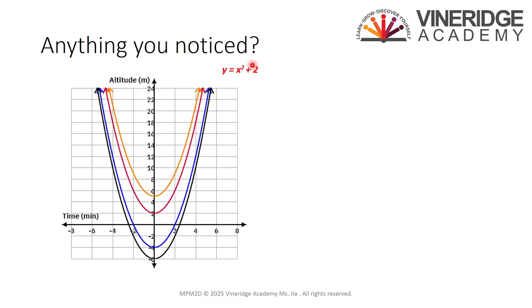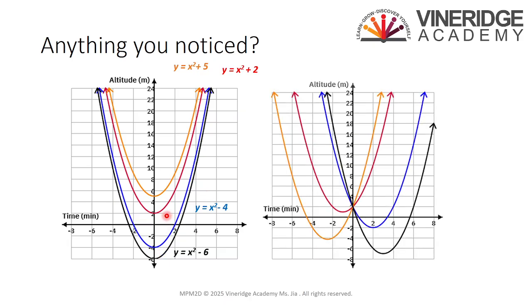So what if we have a b value other than 0? For example, plus 2, negative 2, plus 5, negative 4. This is the b value, and this is the c value, our constant. What about b? So we have plus 2x plus 2, or plus 5x plus 2, or minus 4x plus 2.